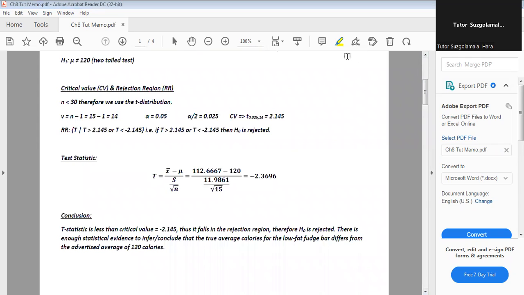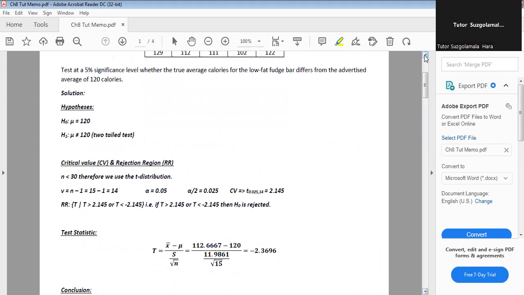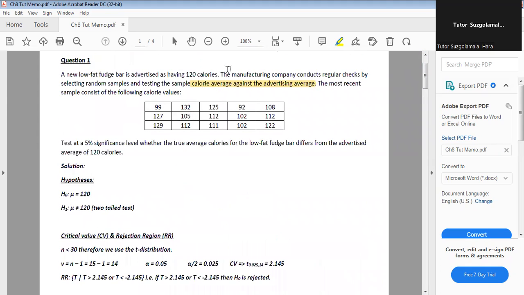Okay, so the first here, you are given your null hypothesis is 120. They give you having 120 calories, so your null hypothesis is 120.